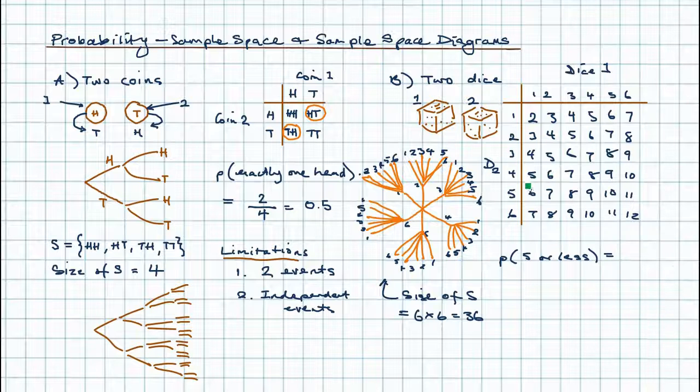And what I'm going to do, in fact, is just highlight where we've got 5 or less. So we've got 5 in all of these boxes here. Or less means 4 would count, and 3 would count, and 2 would count.